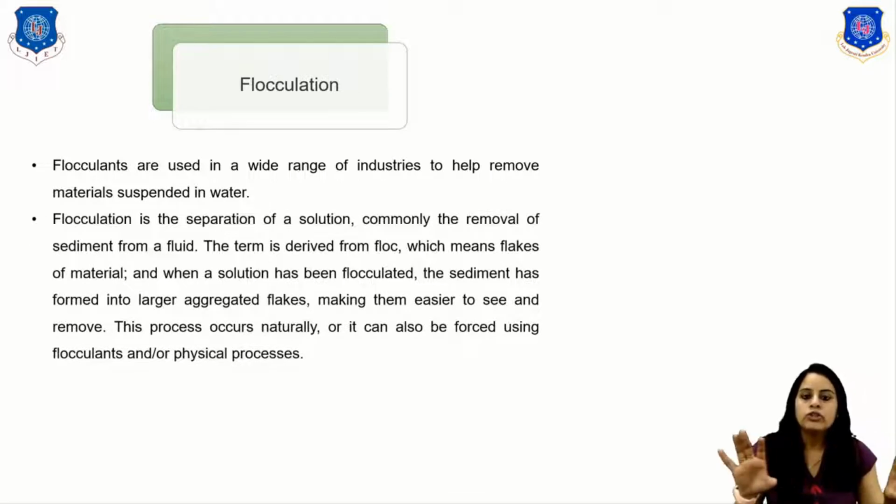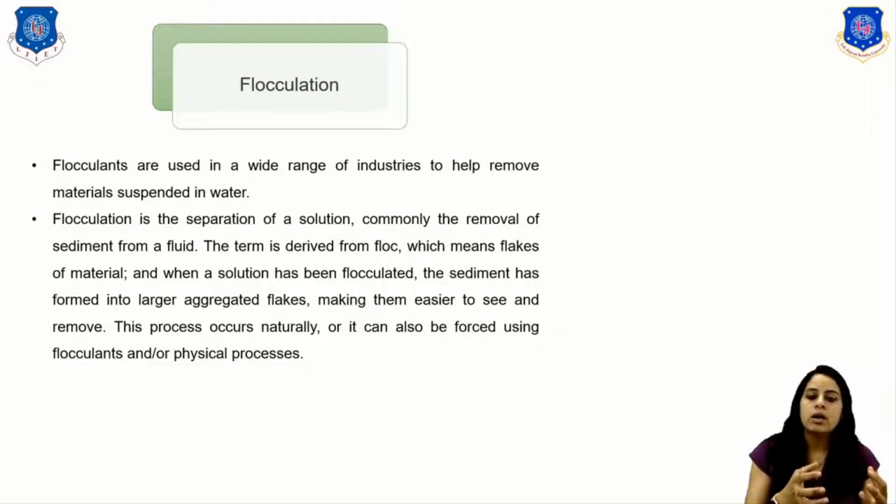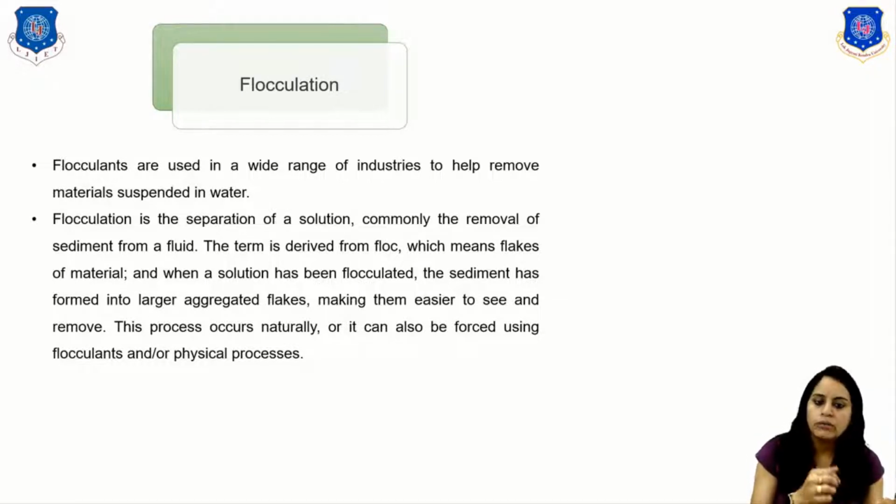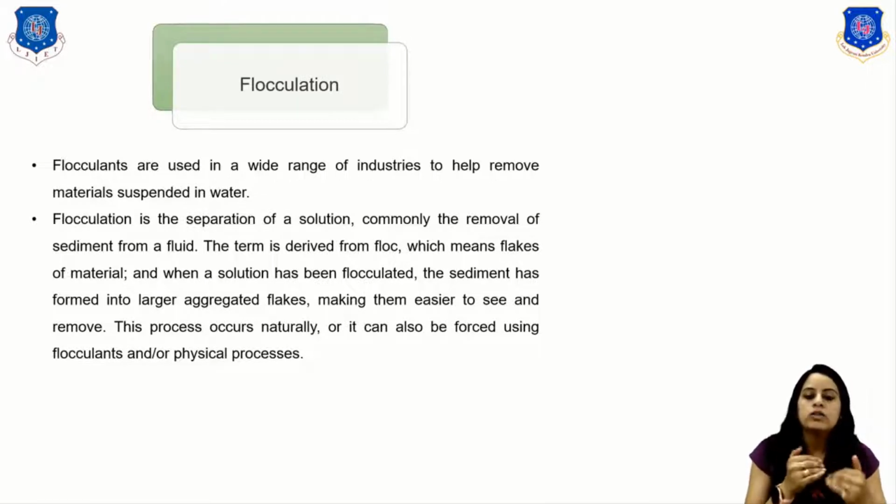It is a separation of the solution, commonly for the removal of sediment from a liquid. Its term is derived from floc, which means flag of material. When a solution has been flocculated, the sediment has formed into large aggregated flocs, making them easier to see and remove.